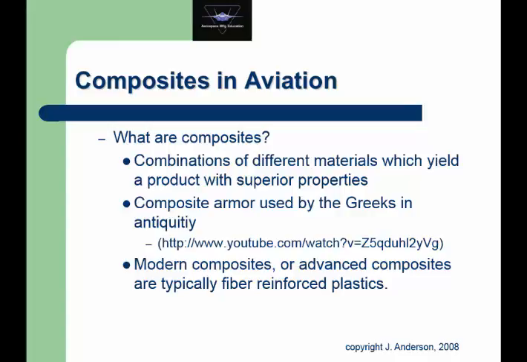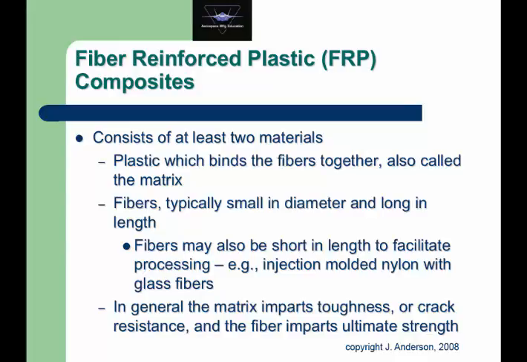So modern composites, or advanced composites, as they've been referred to, are typically fiber reinforced plastics. What does that mean? Fiber reinforced plastics, or FRPs, consist of at least two materials. They consist of a plastic which binds the fibers together, and this is also called a matrix.